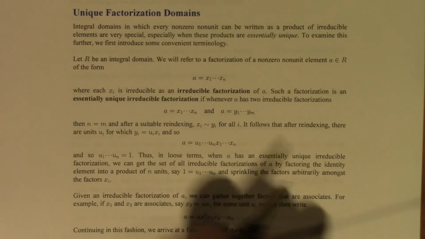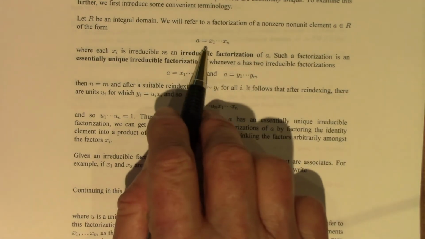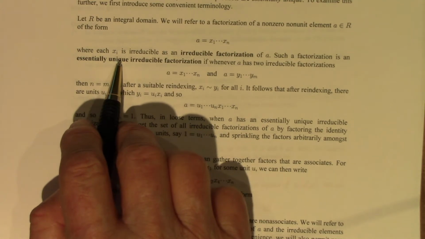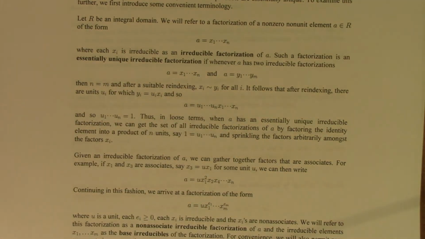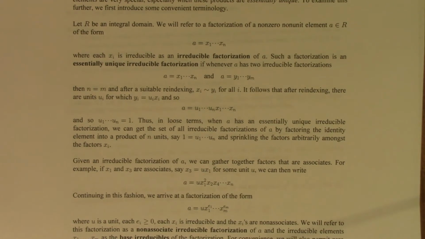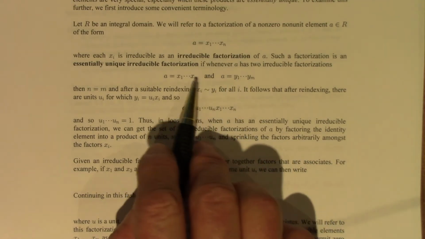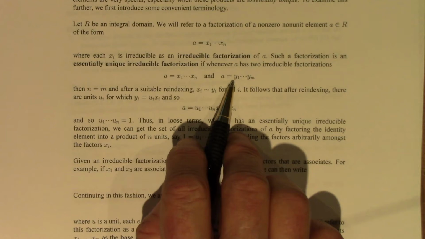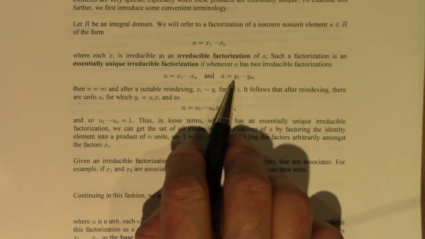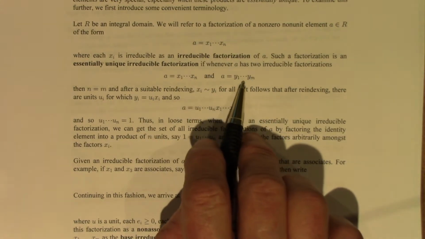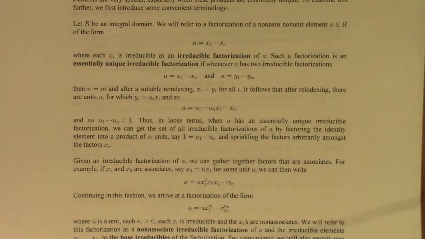So, let R be an integral domain. I'm going to refer to a factorization of a non-zero non-unit element, A, in this form, where each x sub i, each factor, is irreducible, simply as an irreducible factorization of A. Such a factorization is an essentially unique irreducible factorization if whenever A has two irreducible factorizations, then n has to equal m, so that there are the same number of factors, and after a suitable reindexing, xi is an associate of yi for all i.